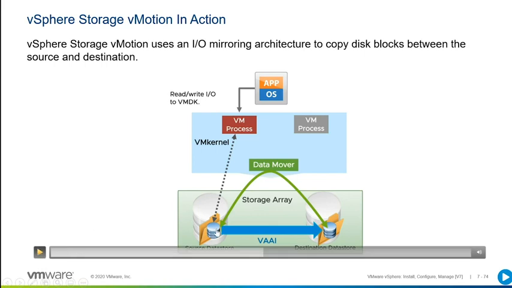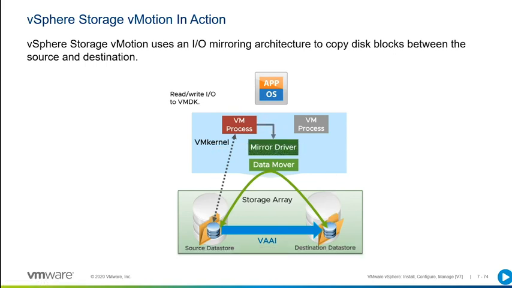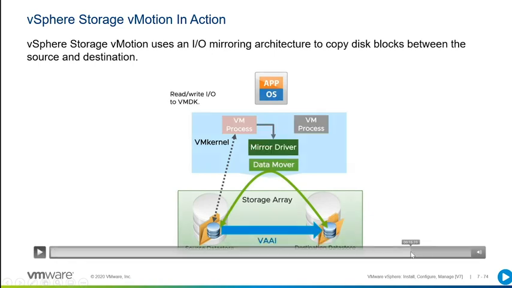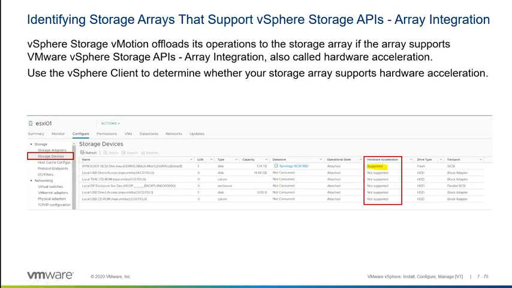We begin this initial copy, and at that point, if there are new writes, a process running in ESXi called the mirror driver will copy new writes to both the source and the destination data stores at the same time. That way, by the time the initial copy has been complete, we can then switch over to the destination data store, and away we go.